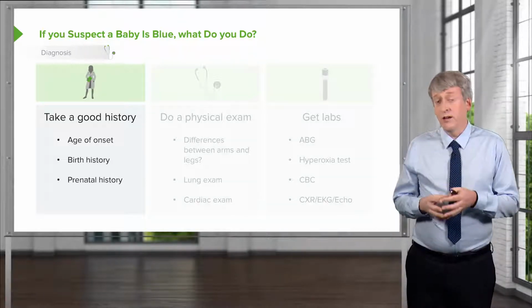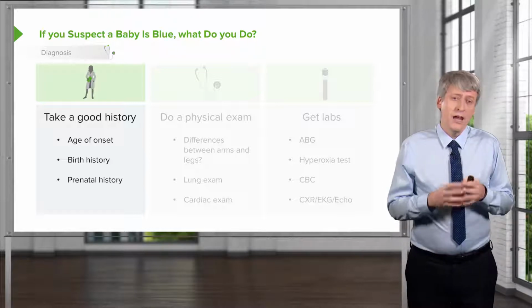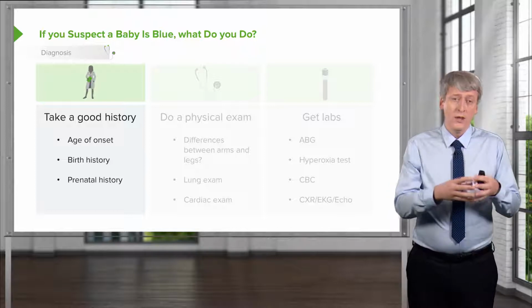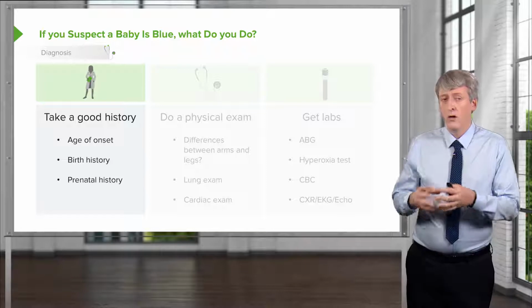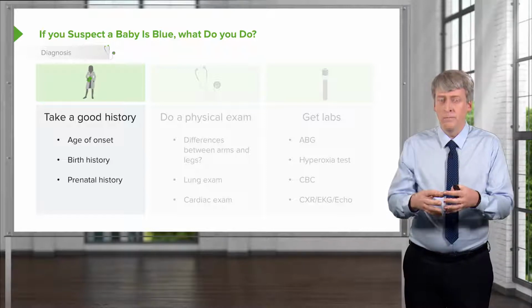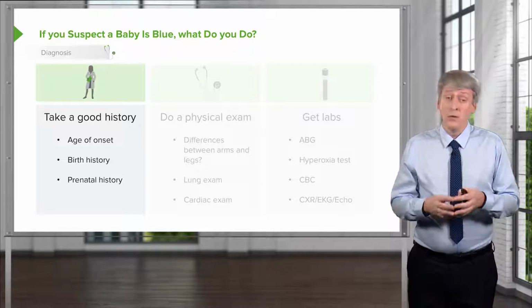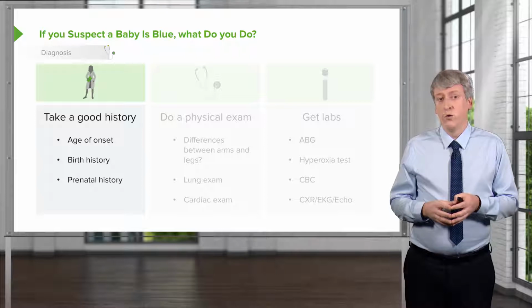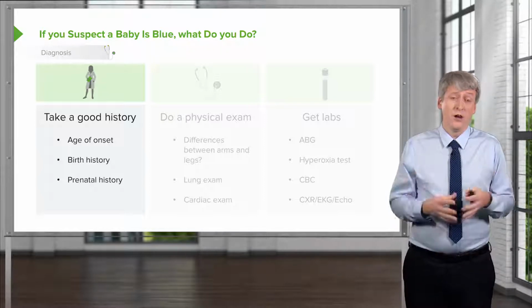It's important to take a very good history, and in particular, to note the age of onset of that child's cyanosis. Were they blue when they came out of the uterus and remained blue the whole time, or has something changed in the interim? It's important to know about the birth history. Babies who are very large, for example, are at increased risk for persistent pulmonary hypertension of the newborn, which is not cyanotic heart disease.